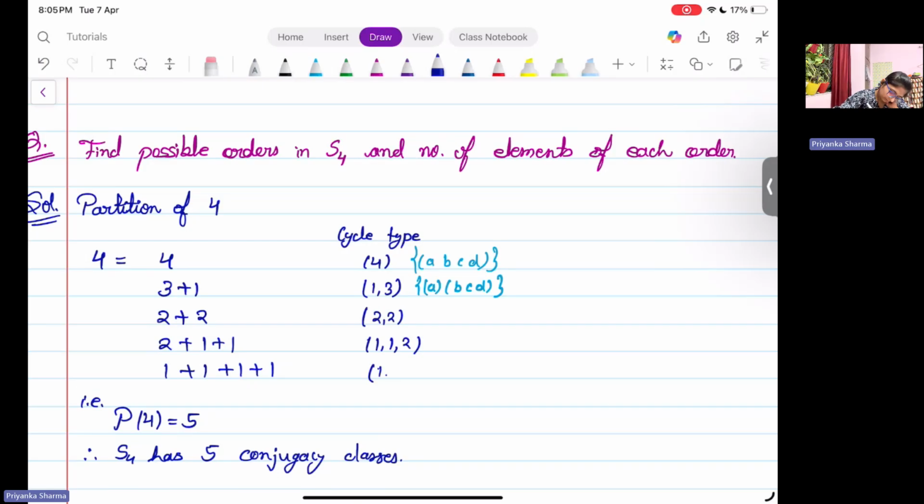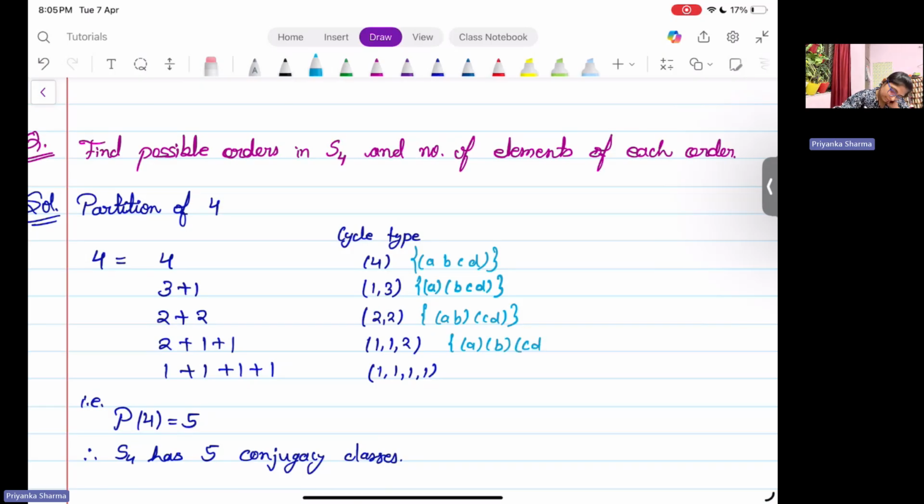Here we have 1, 1, 1, and 1. That is, here we have elements of the type A, B, C, and D. Here we have elements of the type A, B, not comma, they will be multiplied.